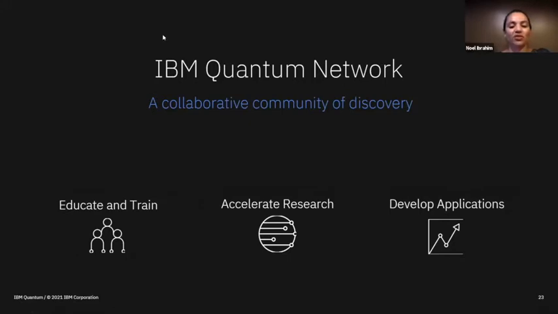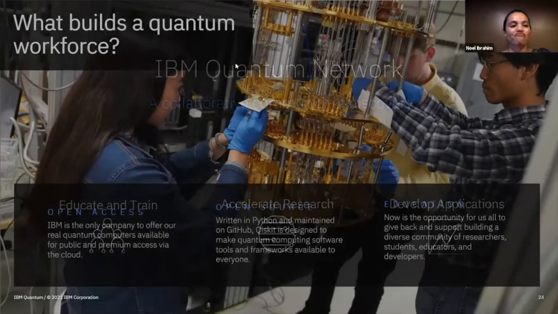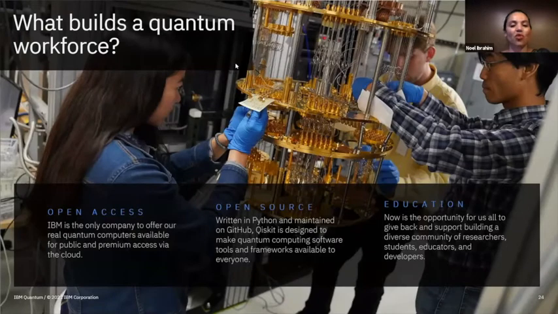We accelerate research and we develop applications. So what builds a quantum workforce or a quantum community? Open access, open source, and education are some of the foundations upon which we hope to accelerate development of both quantum hardware and quantum algorithms.